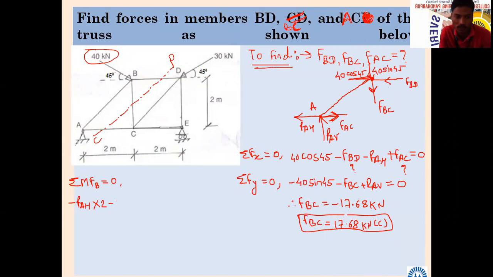Again anti-clockwise. Okay, this RAV into 2. RAH into 2 minus RAV into 2. Okay. Then due to component FAC, how object will rotate? Clockwise into 2. Is it correct?